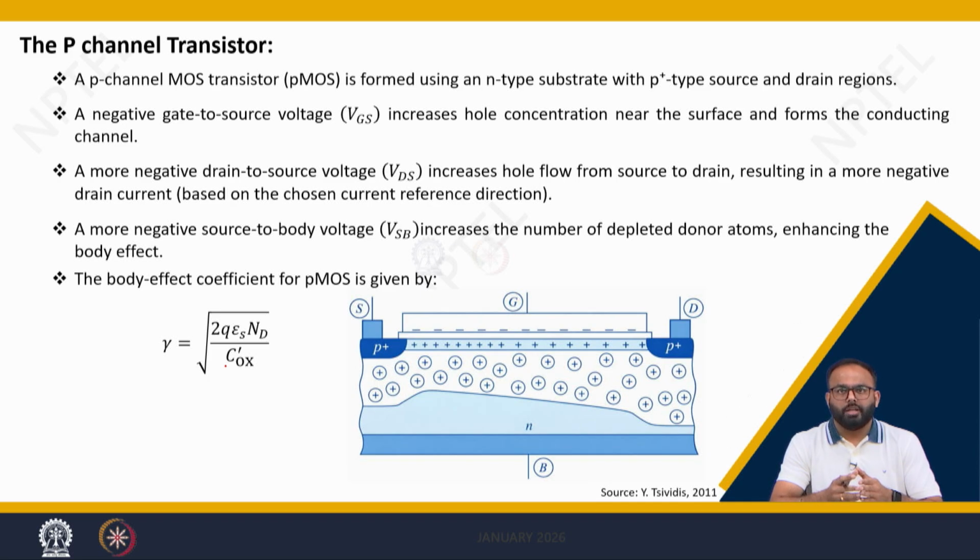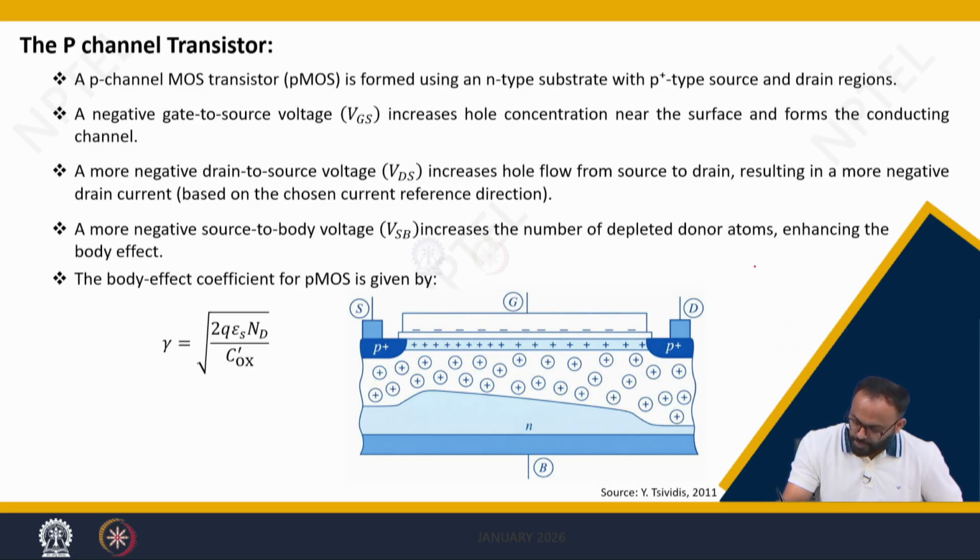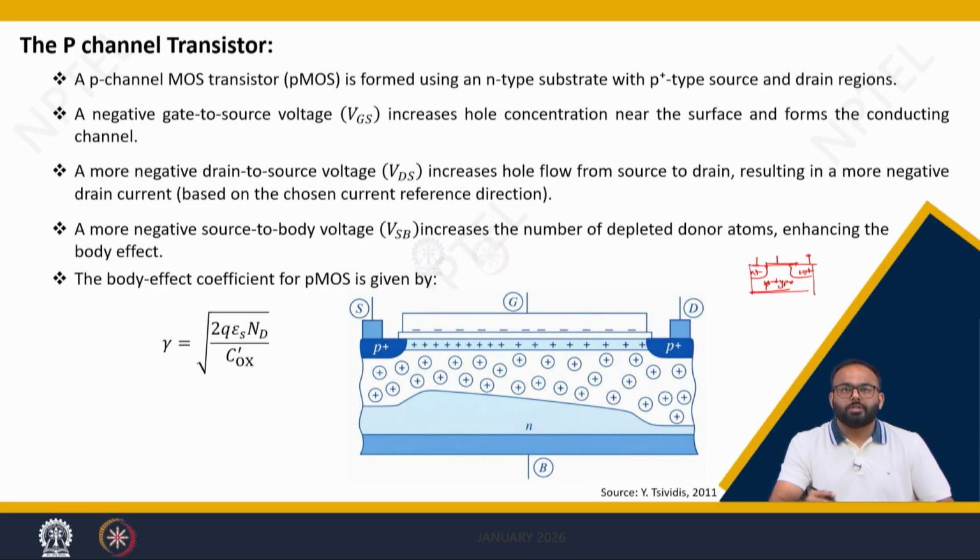We have modeled the n channel transistor considering our gate is positive, the substrate is p type, you have n plus source, n plus drain, and you are applying positive voltages. In some aspects we have also discussed forward and reverse saturation, but that is also meant for the n type device or n channel transistor.